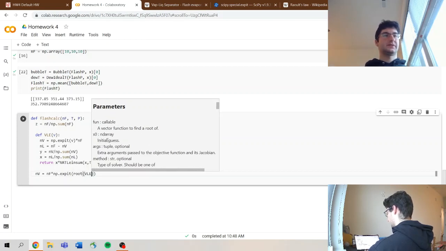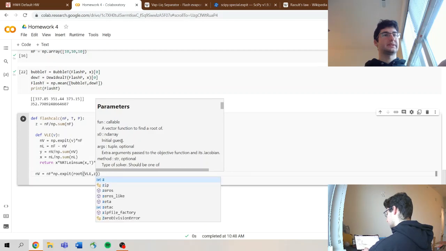So our function is VLE. It needs an initial guess, which we're going to give it at, let's go to z and see if that works.